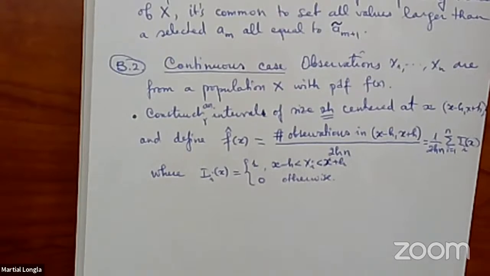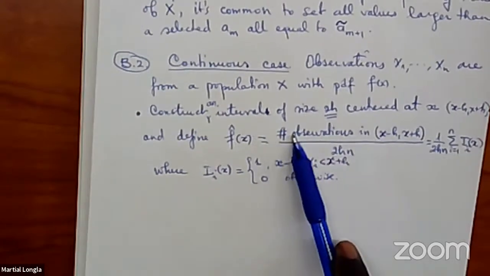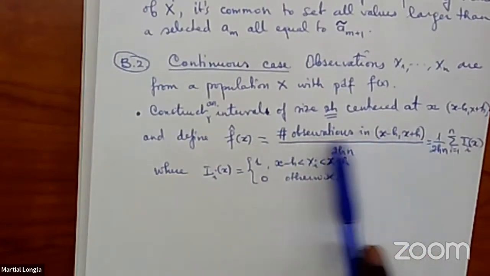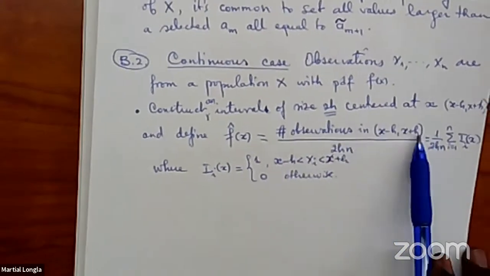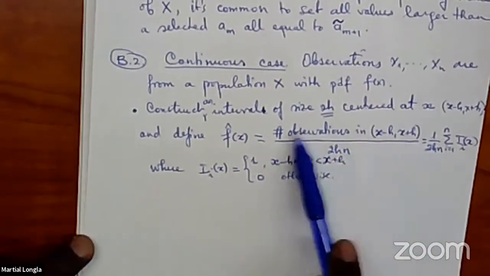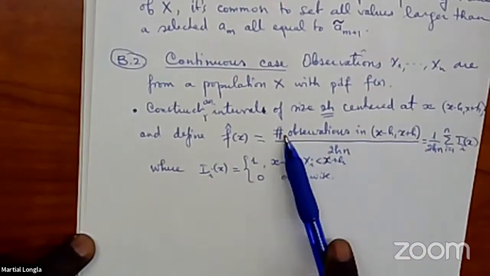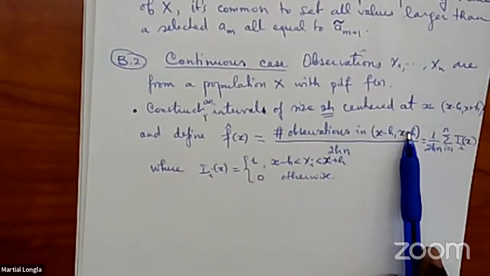What else has to be? Funny thing about this is when we are just counting the observations here, check this. When we are just counting the observations, is there anything stopping us from having this count be very large when we have a large n?